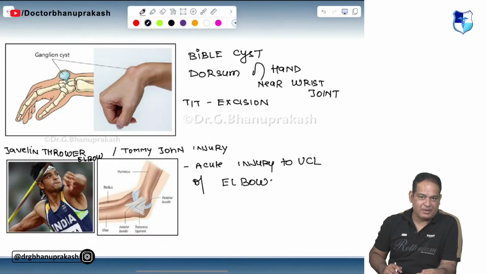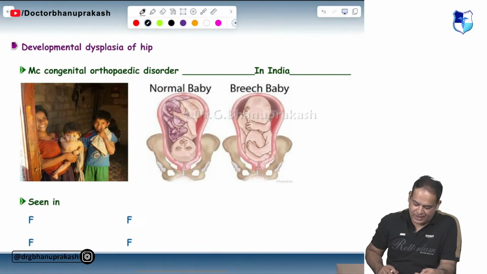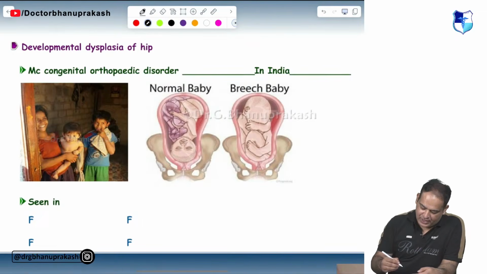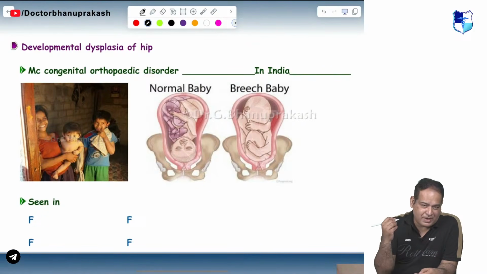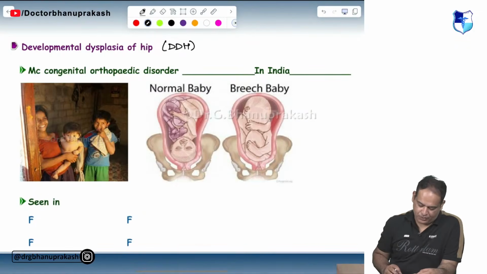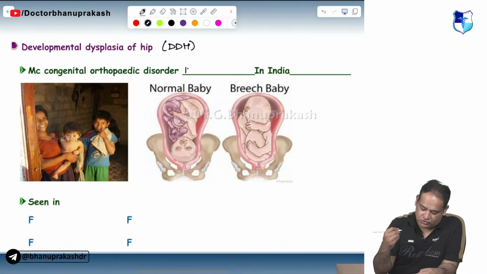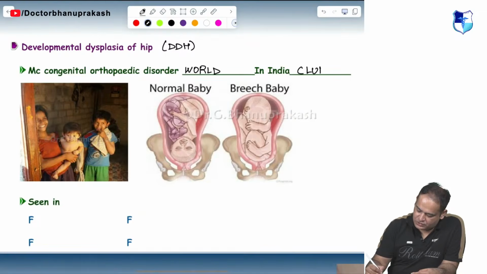Javelin thrower elbow. Now, we start with the hip joint. First topic, developmental dysplasia of hip. Let's call this DDH, okay? It is the most common congenital orthopedic disorder around the world. In India, what is the most common disorder? Club foot.